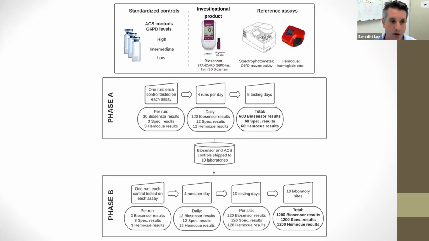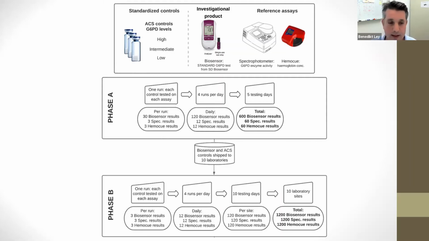Controls per category were from the same lot number. This procedure was repeated over 5 days. So at the end, we would end up with 150 biosensor results, 15 spectrophotometry results, and 15 HemoQ results per control, so a total of 450 biosensor results, 45 spec results, and 45 HemoQ results.